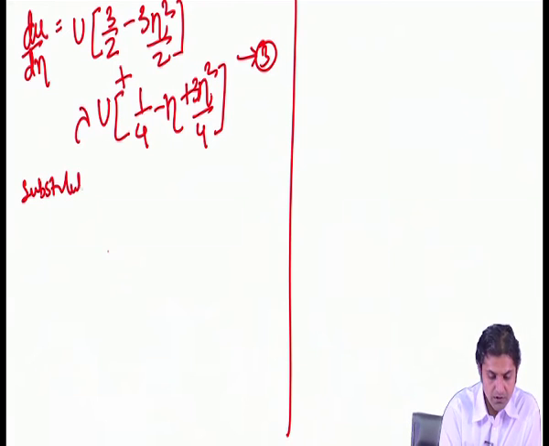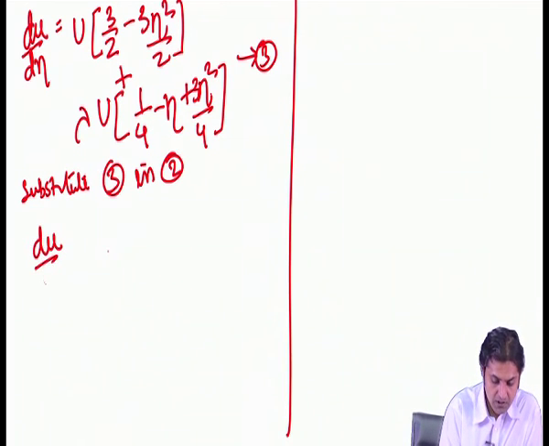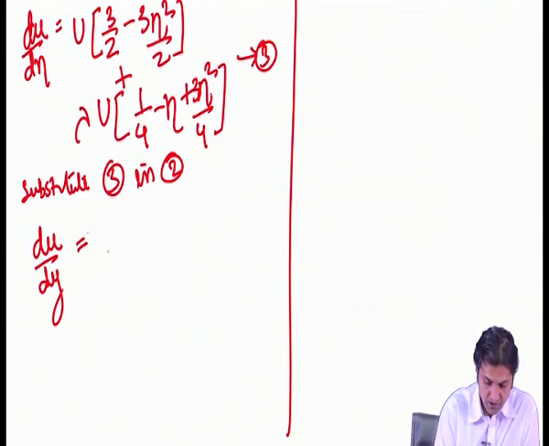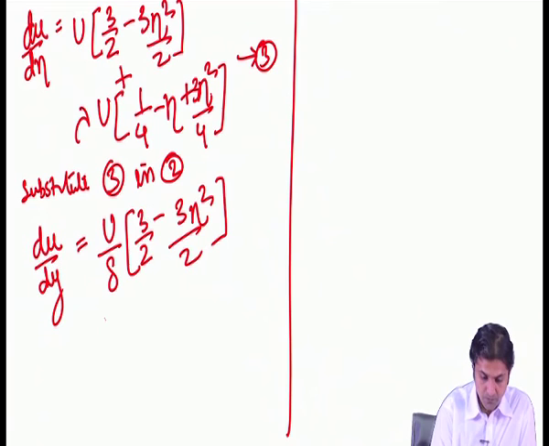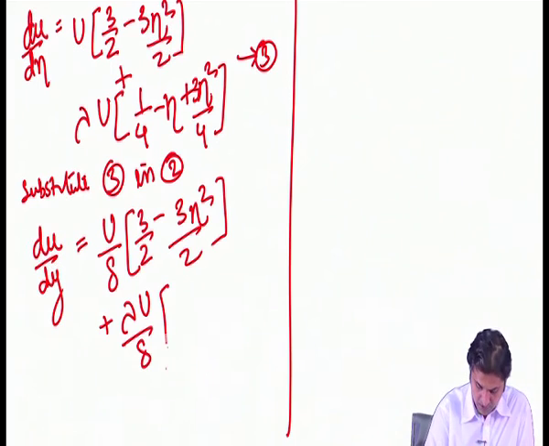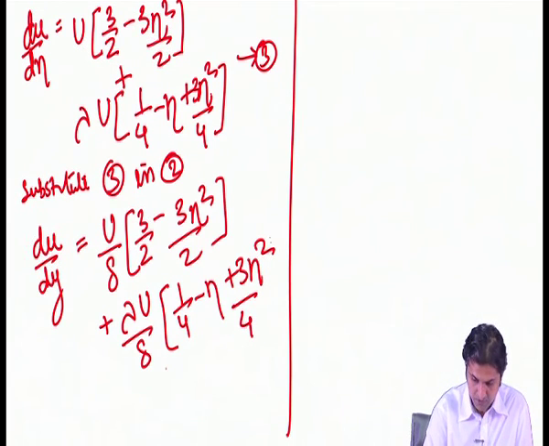Substitute 3 in 2, and then we get du/dy is equal to U/δ times 3/2 minus 3η²/2, plus λU/δ times 1/4 minus η plus 3η²/4.